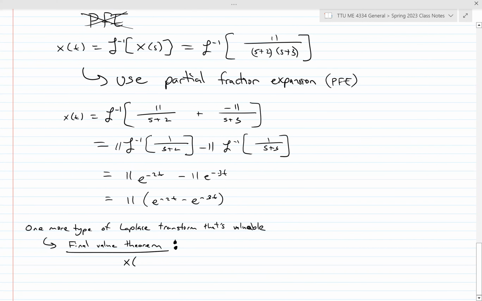The final value theorem says that x as t approaches infinity, or sometimes I'll just write as x of infinity, or maybe x of steady state, x_ss, is equal to the limit of s approaching 0 of s times x of s, for certain conditions, which we're not covering just yet, but it has to do with stability.